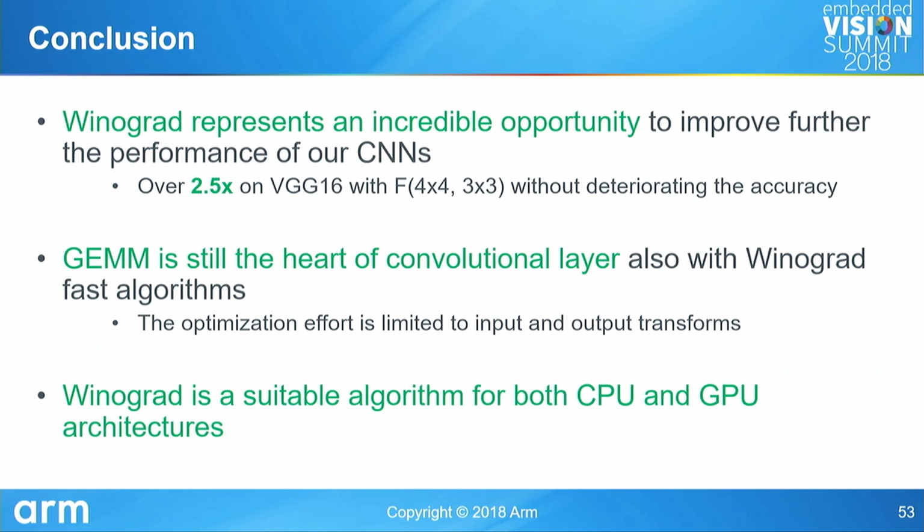Yes, Winograd 3x3 works pretty well when you have a lot of 3x3 kernels in your network. If you have, for instance, a network with only one 3x3 convolution layer, we don't expect a huge uplift of the performance. I think for Inception V3, we have a small uplift, but we still have it.